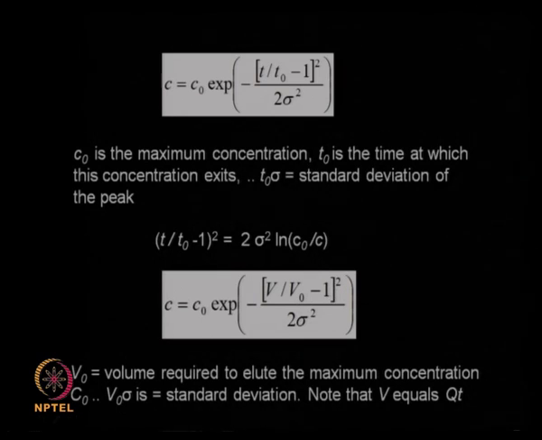This equation is very useful, and the main assumption here is that the peak leaving the chromatographic column is normally distributed, uniform, and follows a Gaussian type of relationship.